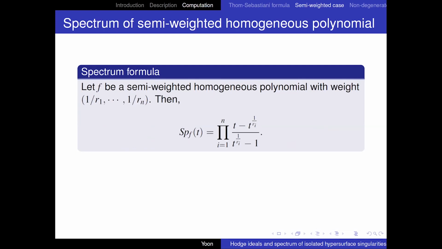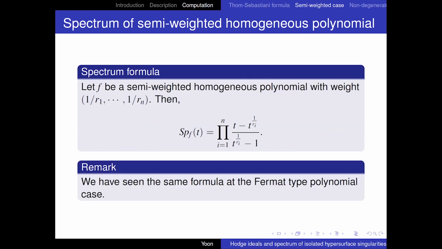Of course, many parts are shared. So here's the formula for a semi-weighted homogeneous polynomial, which is the formula Seung-Jo showed before, and which I also showed with the Fermat type polynomial case. That is exactly the same.